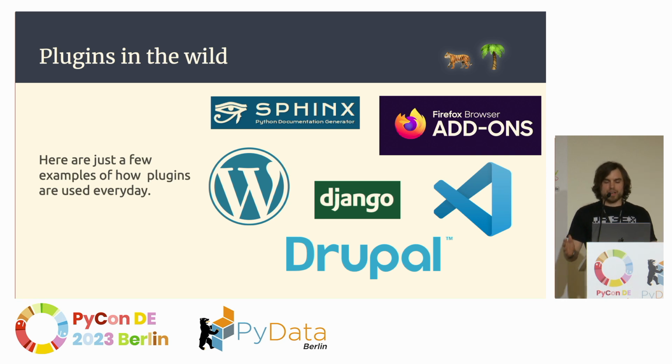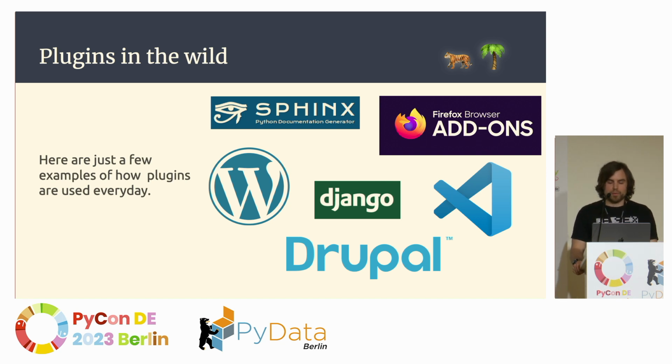If anyone's ever used Sphinx, which is the really popular Python documentation generator, for example, to add automatic documentation from docstrings or add a new theme, that's an example of a plugin or extension. If you've ever installed add-ons for Firefox or extensions for Chrome, those are plugins or extensions. Same thing with VS Code. Those also have a wide world of plugins that make the software much better to use.